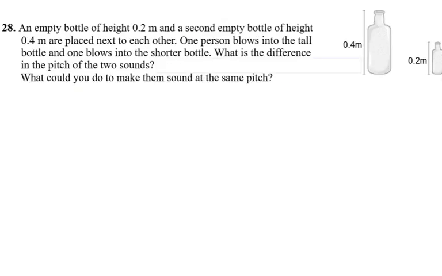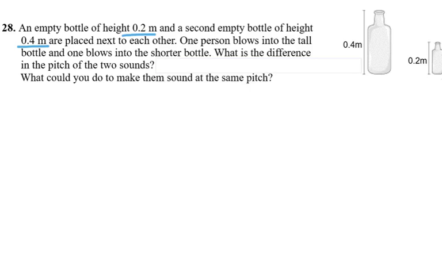Look at this question as well. An empty bottle, height 0.2 meters, and a second empty bottle of height 0.4 meters are placed next to each other. One person blows into the tall bottle and one blows into the shorter bottle. What is the difference in the pitch of the two sounds?